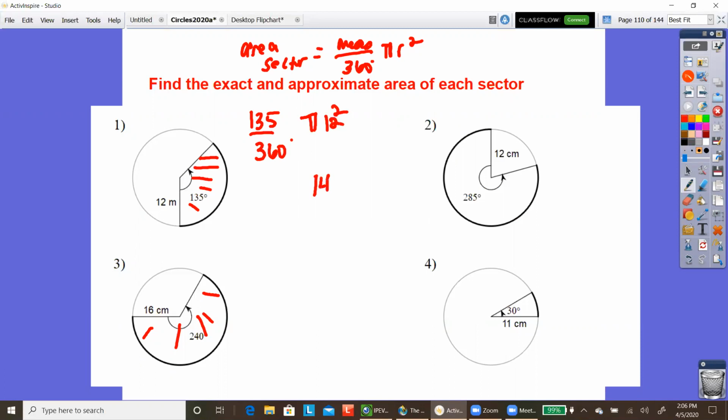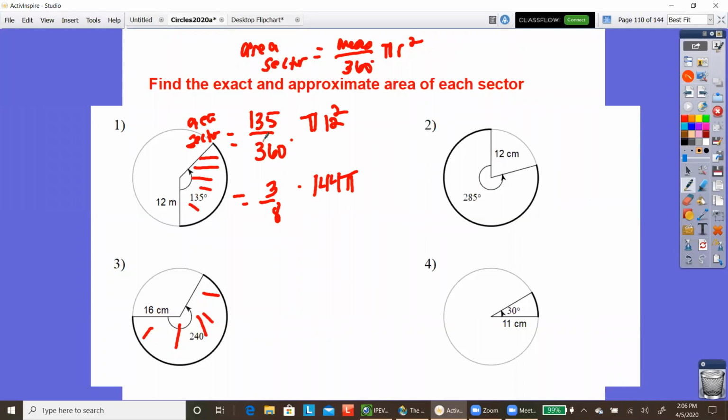Now 144 pi would be the entire area. I don't want the entire area. I want this fraction of it. So what would that fraction be if you reduce it? I know some of you hate to reduce, but it just makes it so much easier, especially if you're not going to have a calculator with you. But this reduces to 3/8.